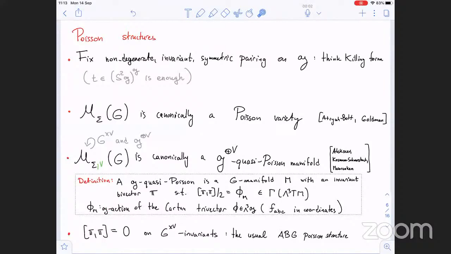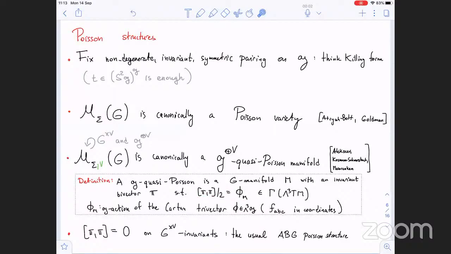So once again, if you have the Lie algebra with this non-degenerate pairing, you can define an element in the third wedge of G. This is the element we saw in the first talk. In coordinates, you can just lower the indices of the structure constant, and this is totally anti-symmetric. And then if you have a trivector here, you can act on it to get a trivector on the manifold. So one has this constraint.